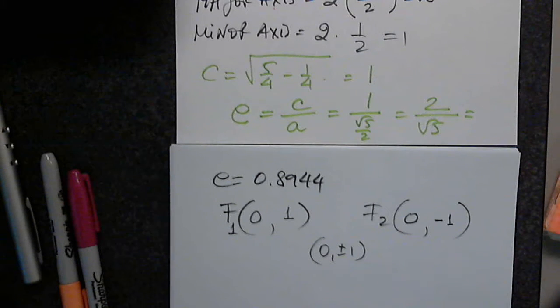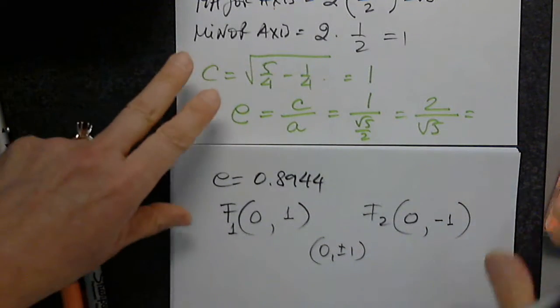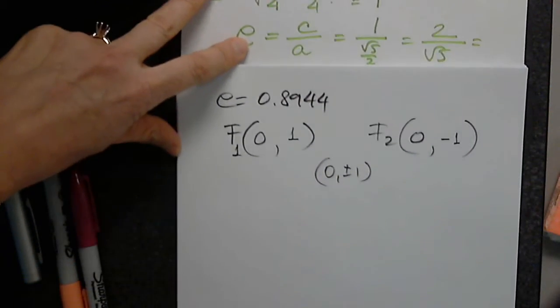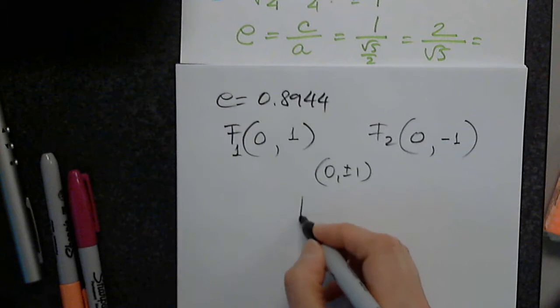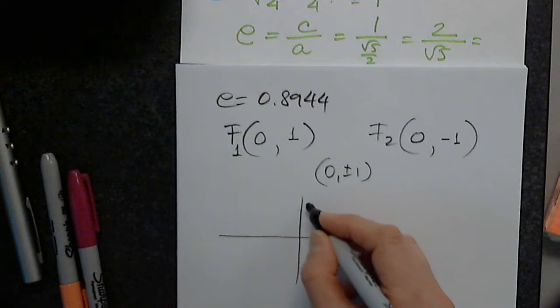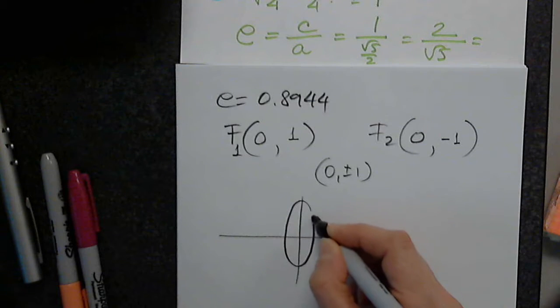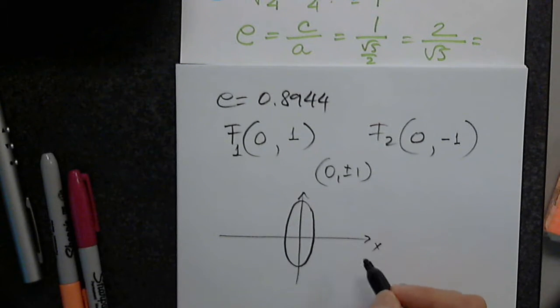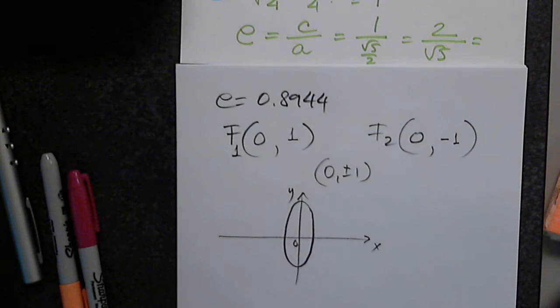Okay, so let's go and check and see that we answered all questions. Find the vertices. Okay, we did not find the vertices. This is not the graph. I can't graph the square root of 5 over 2.